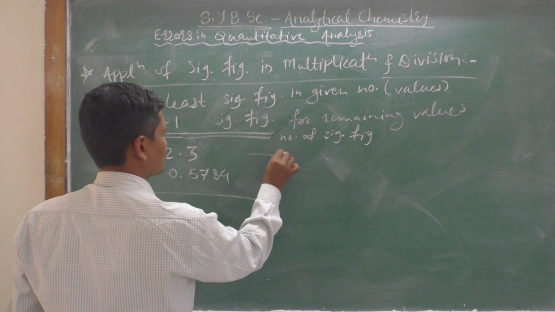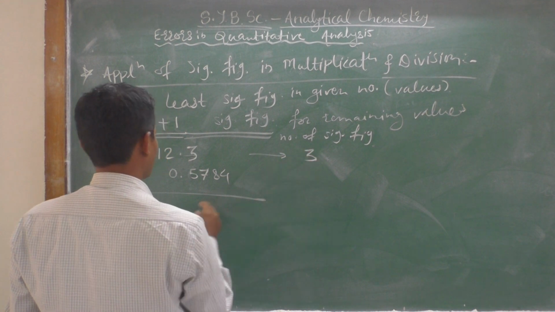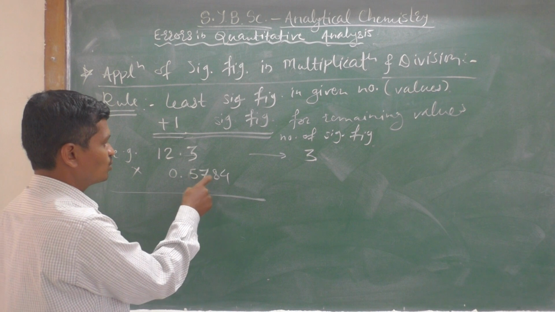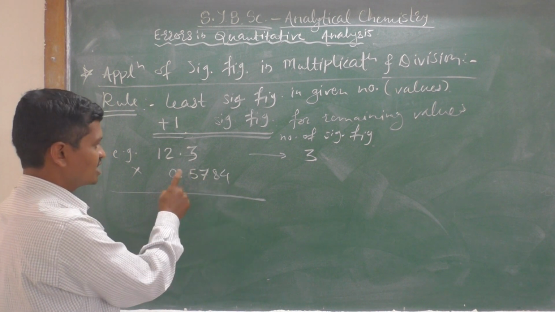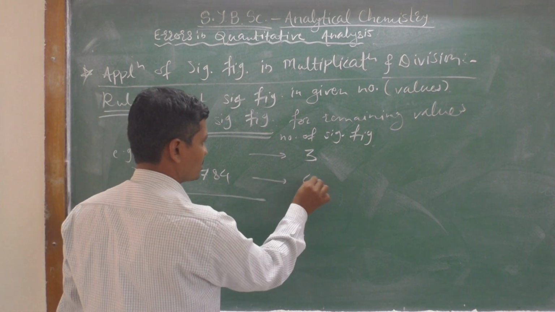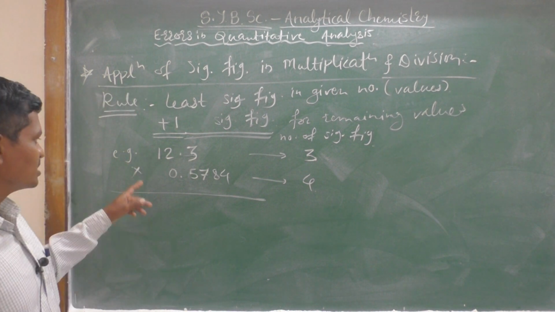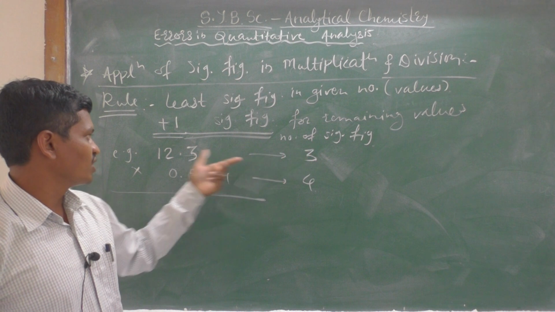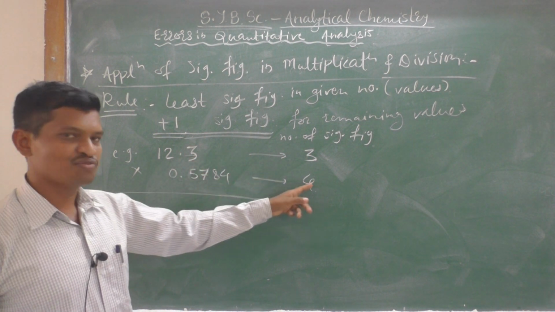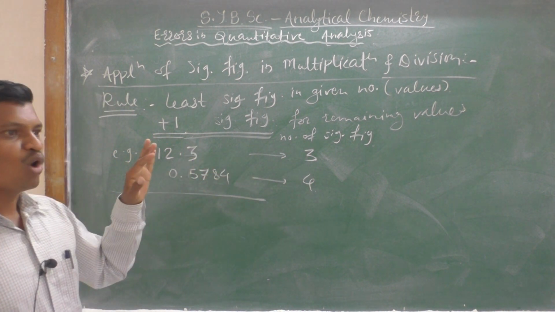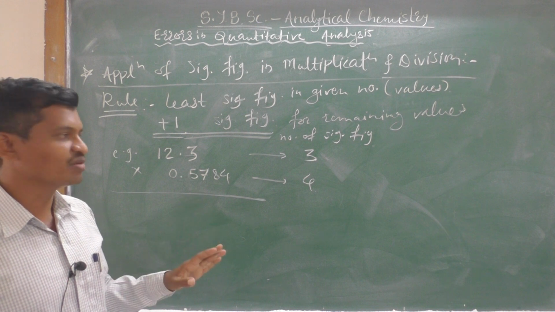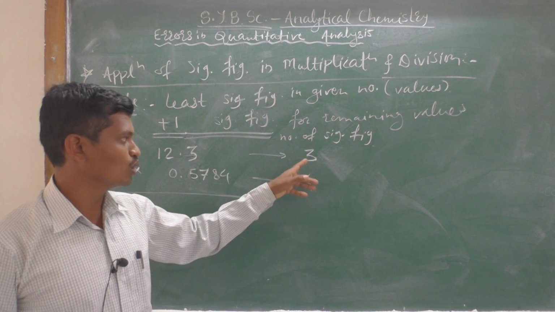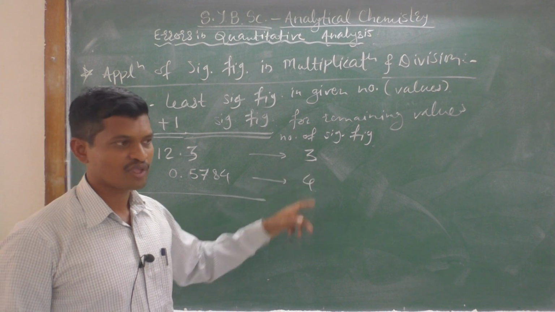In this number, the 0 is not significant, so 1 2 3 4, all 4 digits after the decimal point are significant. So this is a multiplication, and the number of significant figures for this is 3 and for this is 4. Okay, what is the least significant figure? It is 3. Least means the lowest number of significant figures is 3.